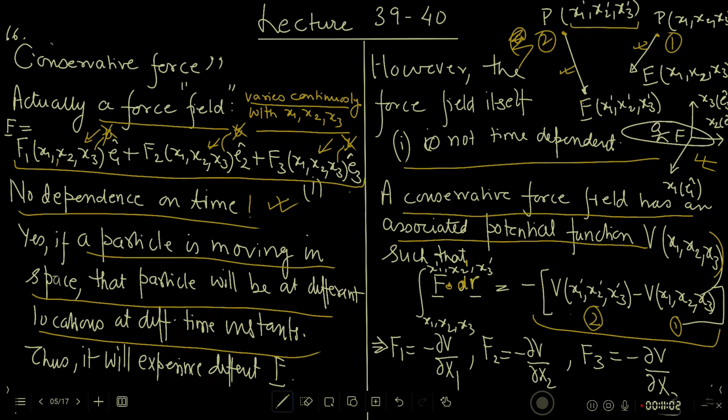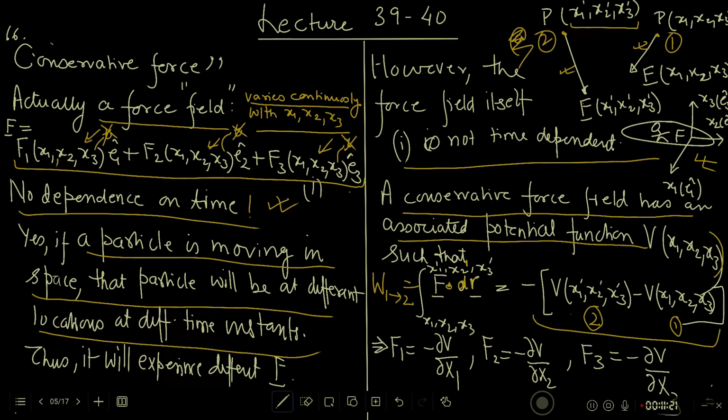Work done has to be F dot dr, and that can be represented as the difference in the potential function of that conservative force.